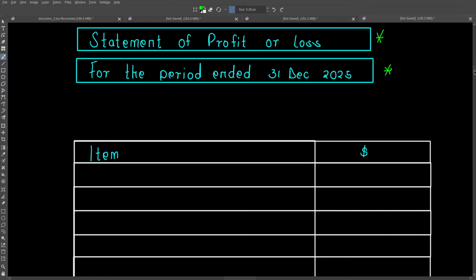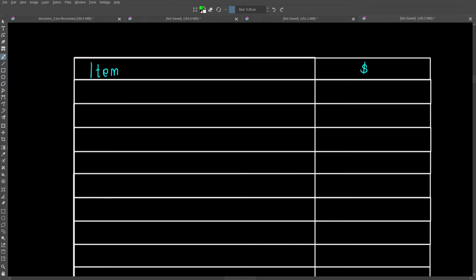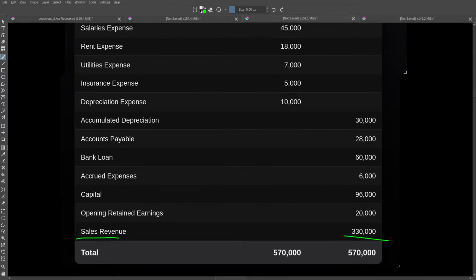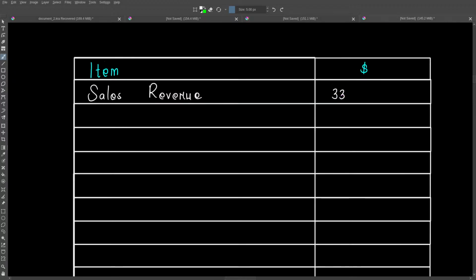Now let's start with the first item we should have. It is the sales revenue. In our case here, the sales revenue is 330,000.